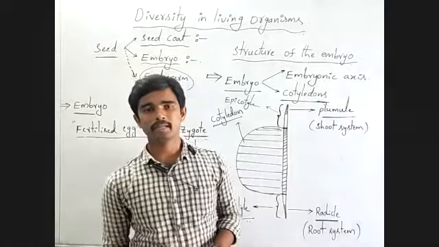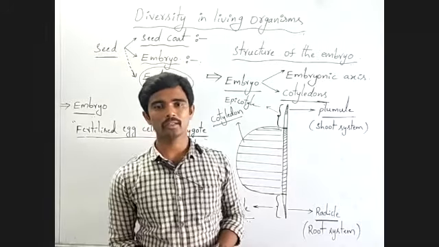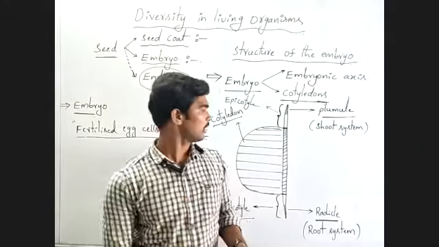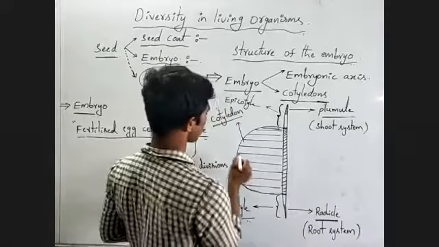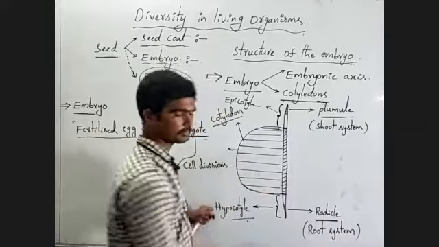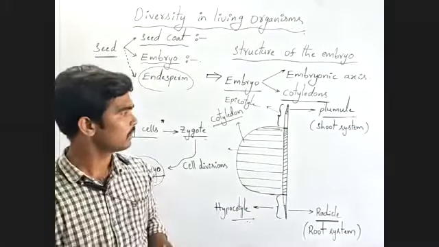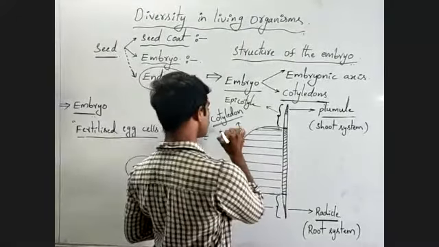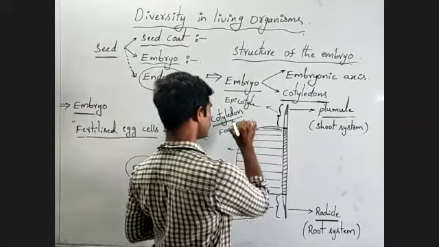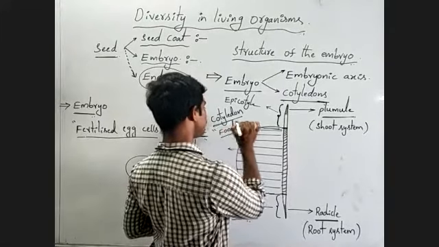Then they become large and swollen, or fleshy. Means cotyledons have ready-made food material.